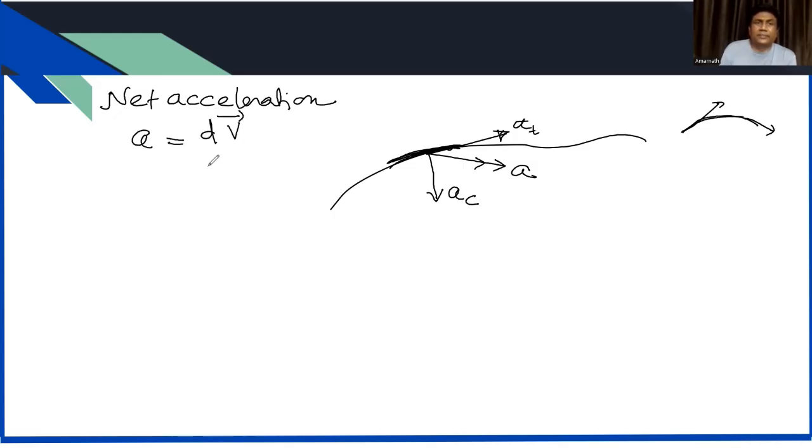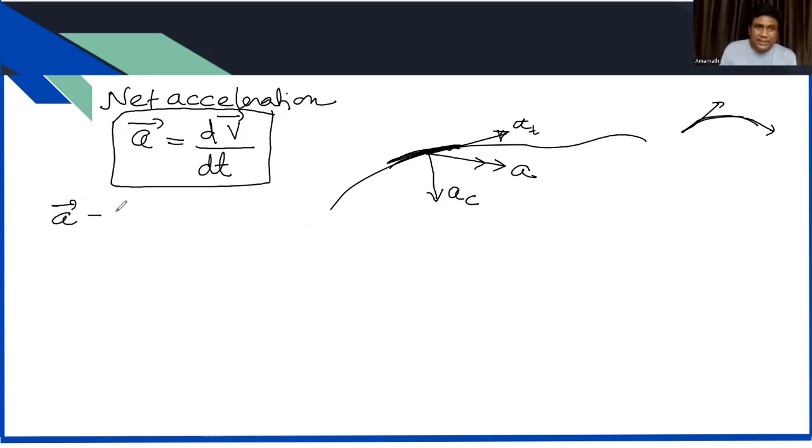It means if you differentiate a velocity vector, remember that is the velocity vector, what you get is net acceleration. It means this is nothing but the rate of change of velocity vector.